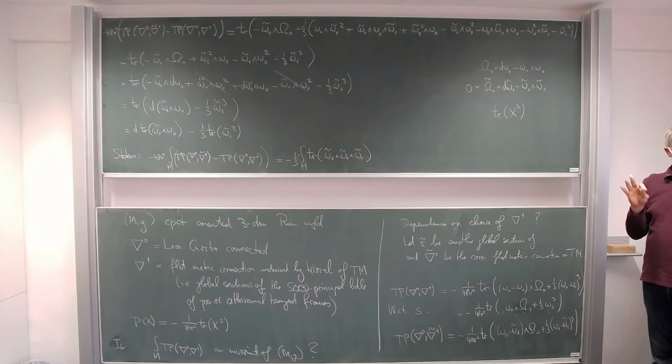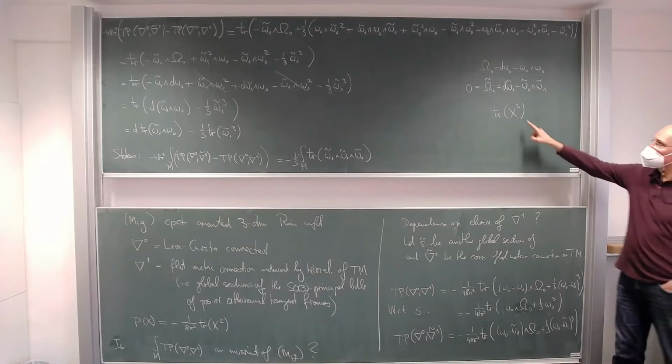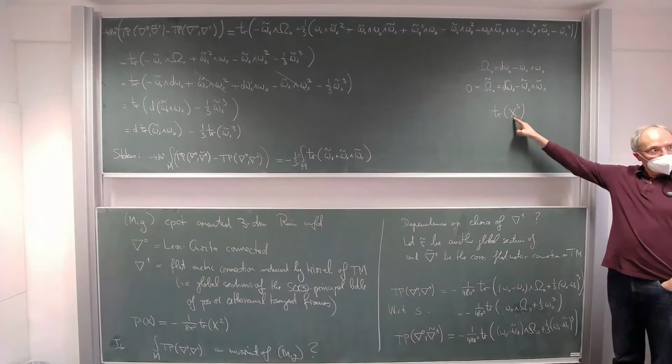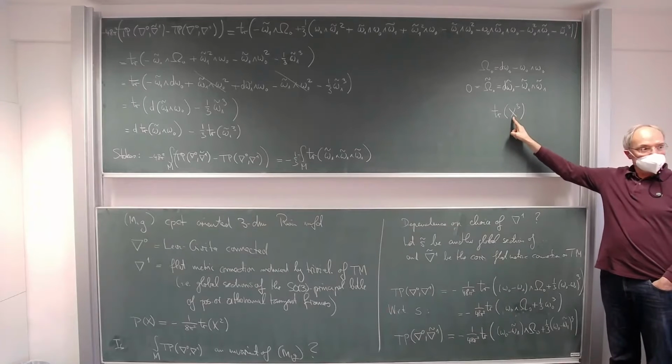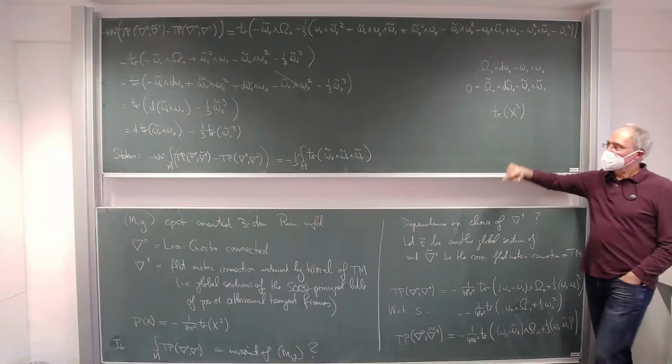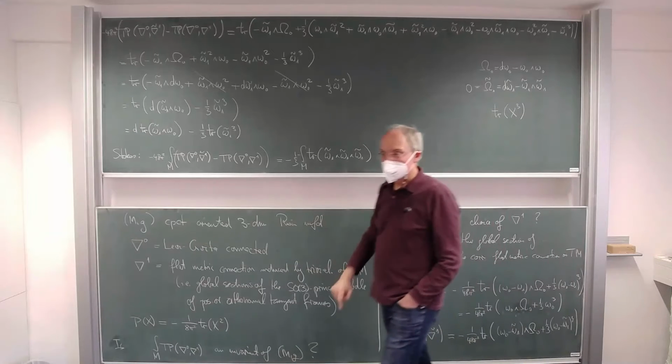So the matrices, the little omegas and the capital omegas take their values in the Lie algebra of SO3, which is skew symmetric matrices. Now if you have a skew symmetric matrix, you cube it, then you get again a skew symmetric matrix, and the trace of a skew symmetric matrix is 0. But why does this not imply that this is 0?